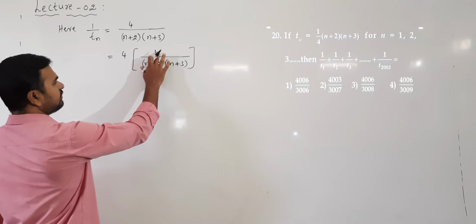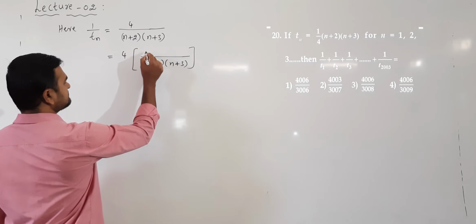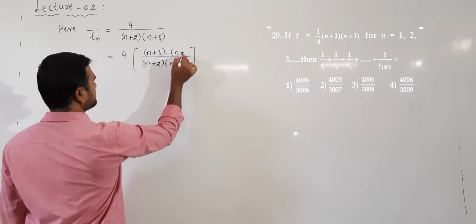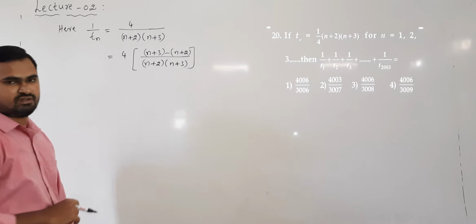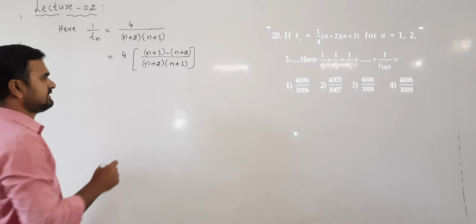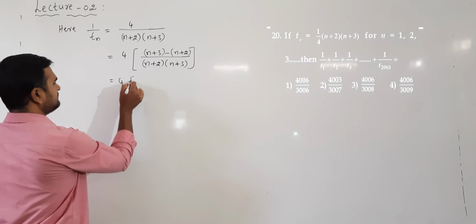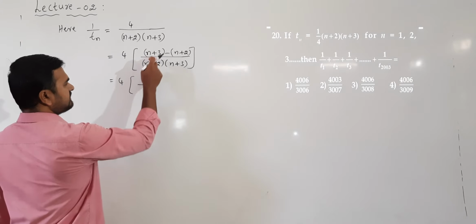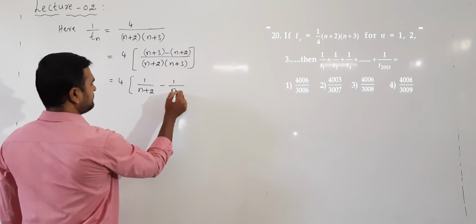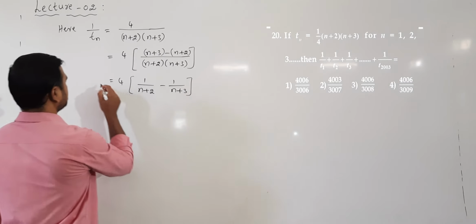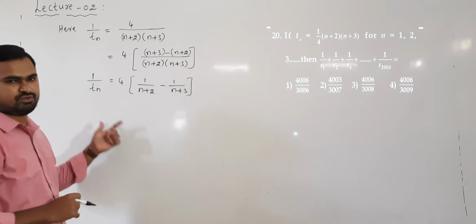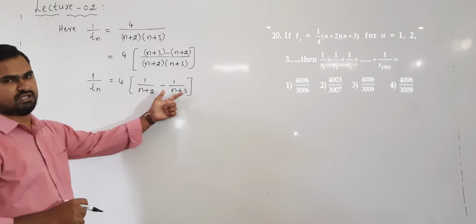So here 1 in the numerator I can write as n plus 3 minus n plus 2. Okay. So that is the difference is 1. Now let us divide separately. 4 into n plus 3 cancel. So 1 by n plus 2 minus 1 by n plus 3. So this is the reciprocal term 1 by Tn.